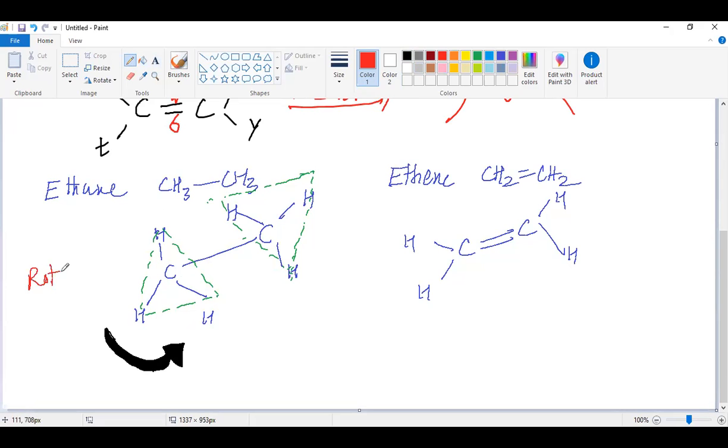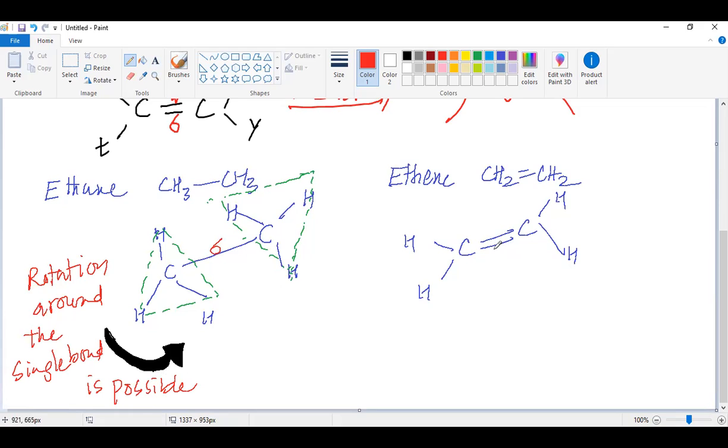Rotation around the single bond is possible because there is only a sigma bond, a single bond, present over here.